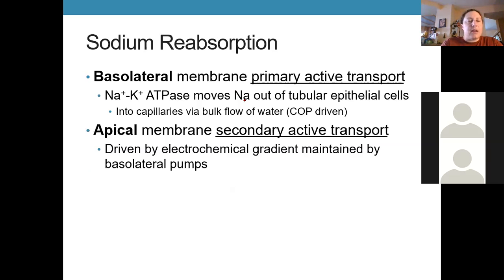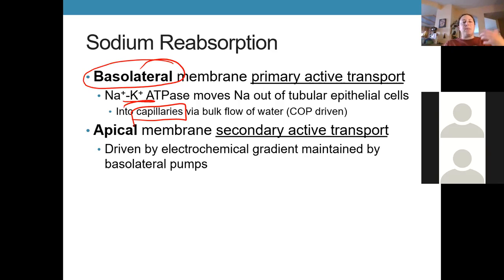So we have primary active transport at the base of these cells. We're pumping sodium out, maintaining a low sodium concentration within the cells. We're doing it by exchanging it for potassium. So we do have a lot of potassium in these cells, which is totally normal. And so the sodium ends up getting pumped into the capillaries as water follows the sodium out of the cells.